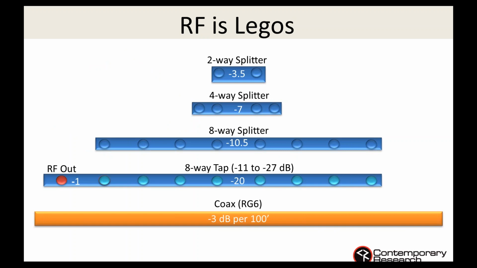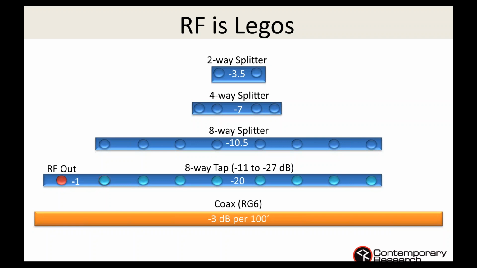The math is really simple. You have to know how to add 3.5 to 3.5 to 3.5. That's your big math right there. So a splitter, let's say a modulator starts out, let's say 30 dB. That's how we measure signal strength, which actually is a very tiny amount of power. It's not huge.